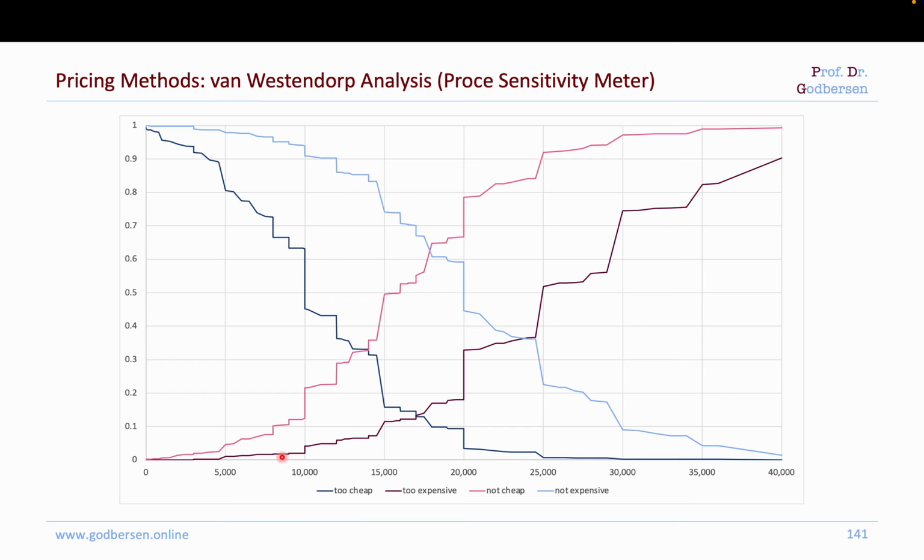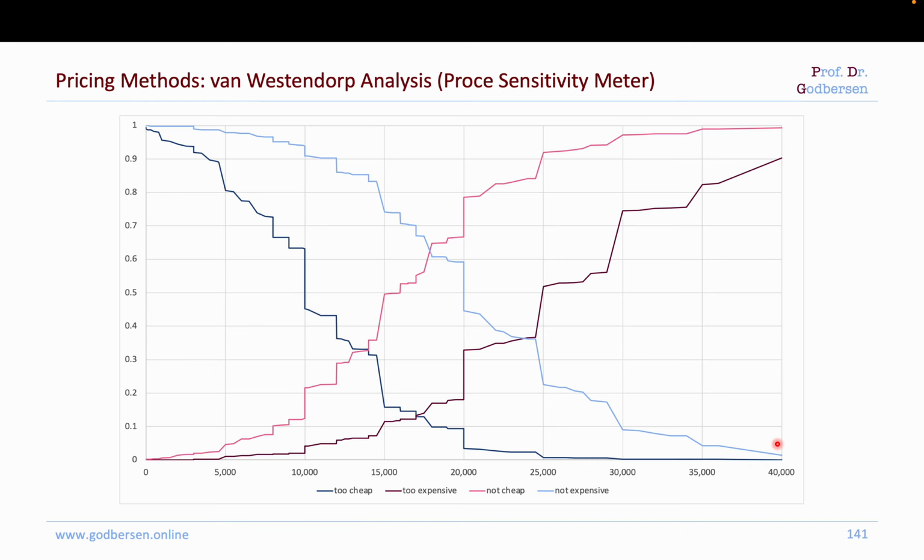Too expensive goes up from the bottom, from 0 towards 40,000. Not cheap goes up from the bottom, the purple line. And the Royal Air Force blue is not expensive, which goes down from top left to bottom right.